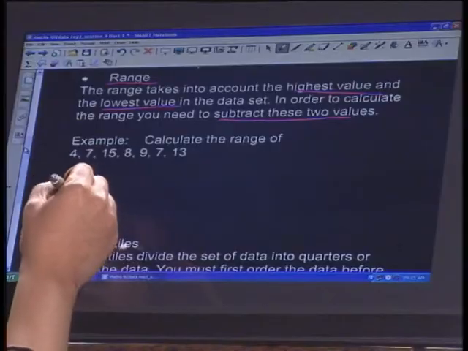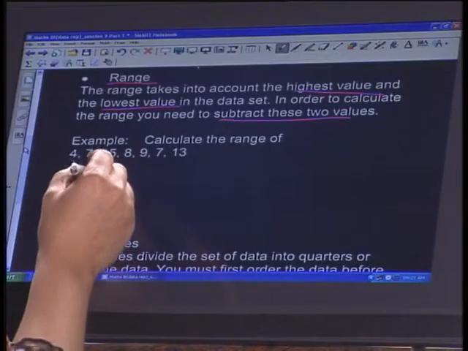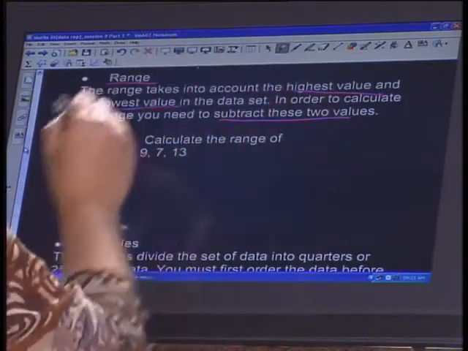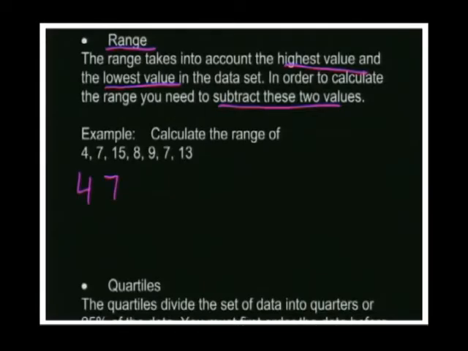So let's go back and put these into order, and our order was 4, 7, 7, 8, 9, 13 and 15. I've just checked that I've got 7 of them. My range is my highest minus my lowest. Again, guys, I want to see your calculations. Don't just give me an answer.